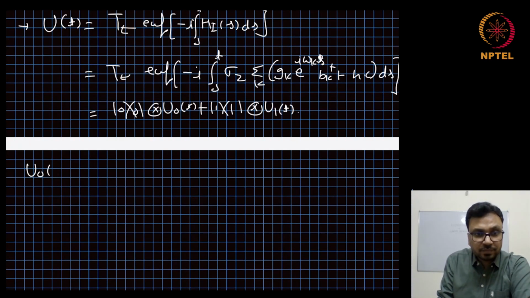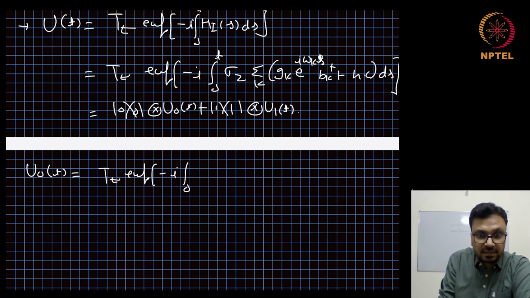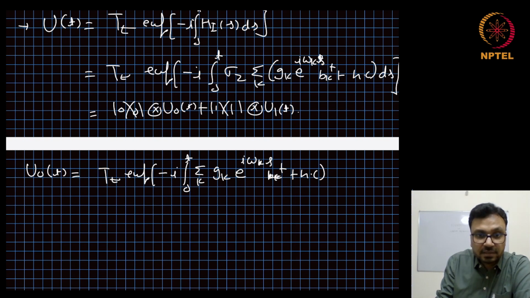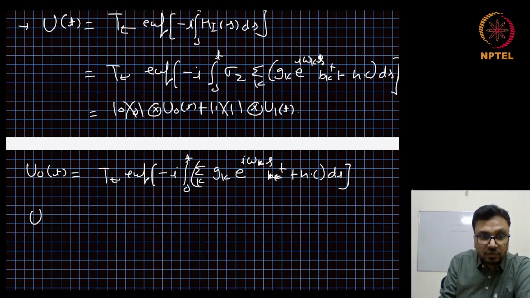where U_0(t) is the time ordered exponential of minus i integral from 0 to t of sum over k of g_k, with minus sign, so plus, no, exponential of i ω_k s b_k† plus Hermitian conjugate ds, and U_1(t) is the exponential of plus i, with the same form.